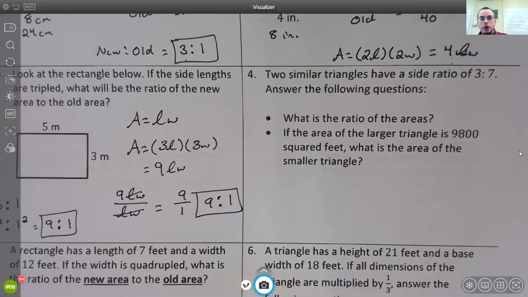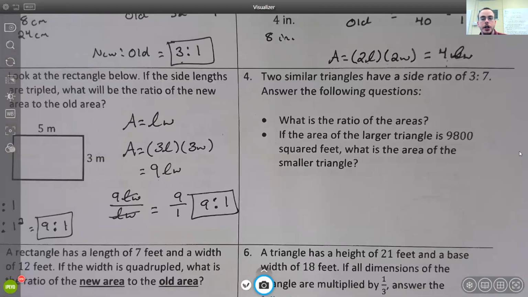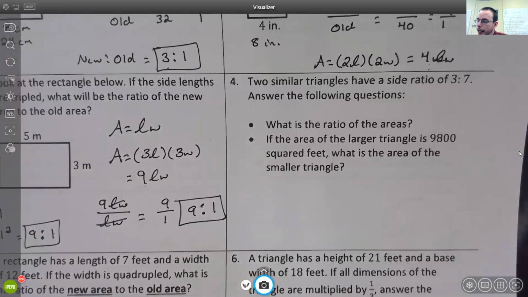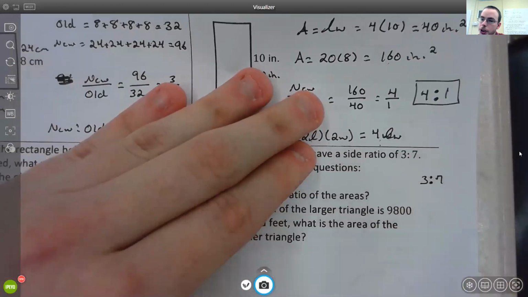All right, so let's look at number 4. Number 4 says 2 similar triangles have a side ratio of 3 to 7. Answer the following questions. The first one asks, what is the ratio of the areas? So we have a side ratio of 3 to 7, and they're similar.